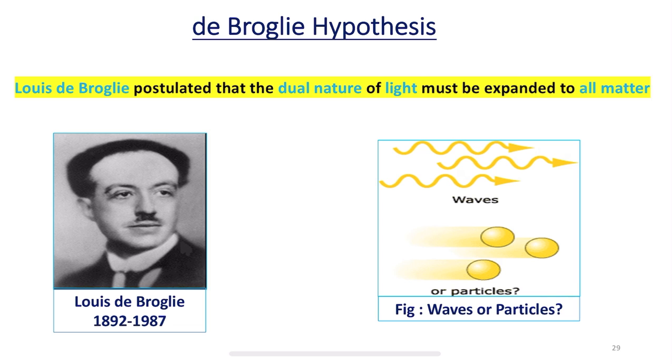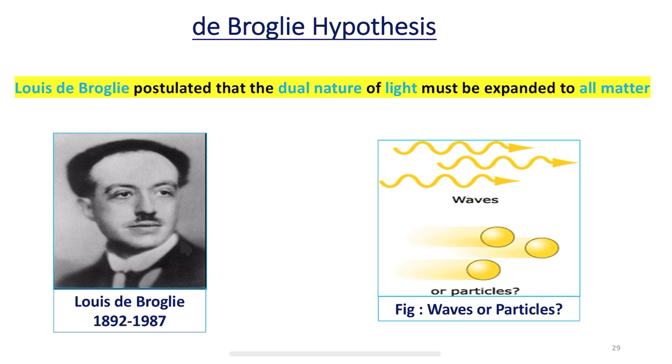The phenomena of interference and diffraction could not be explained properly if we consider light as a stream of particles called photons. When we take up the phenomenon of interference and diffraction, then only can we explain light by considering it to have wave nature.